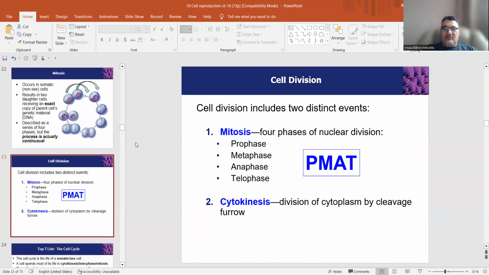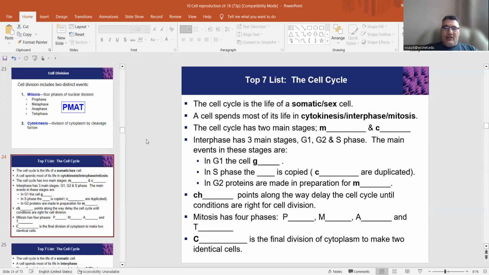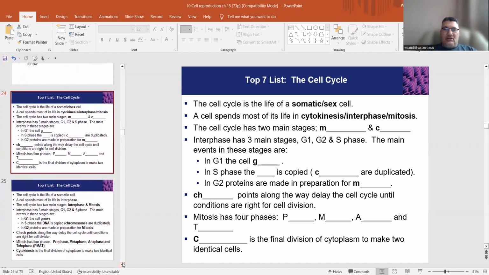This is mitosis. Let's go through the details. Prophase, metaphase, anaphase, telophase. P-mate. And then cytokinesis. So here, just making sure that you got what we talked about. The cell cycle is the life of somatic or sex cells.